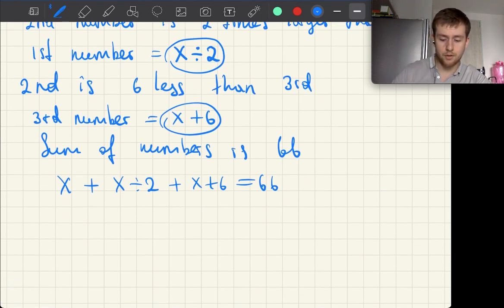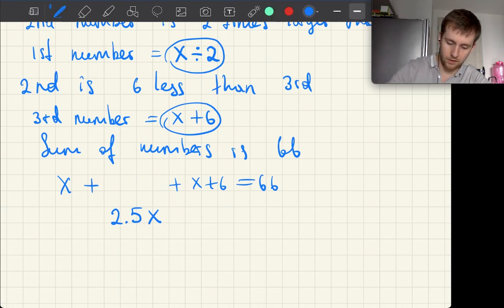Well, let's try to figure it out. So x over 2 is basically the same thing as half of x, we could say. So we have x plus half of x plus x. Together it gives us 2.5x, right? Let's write it like this: this is 0.5, half of x.